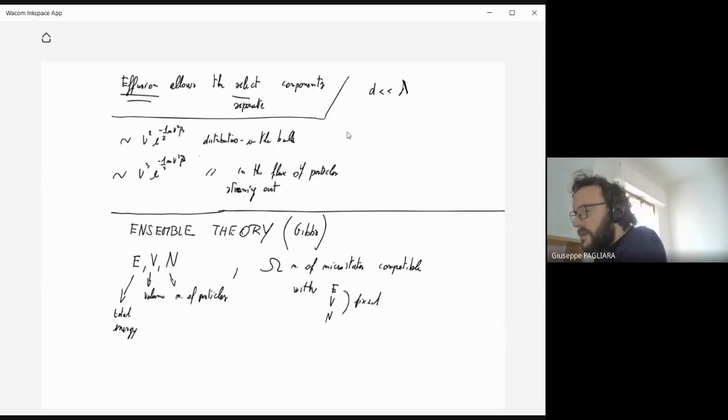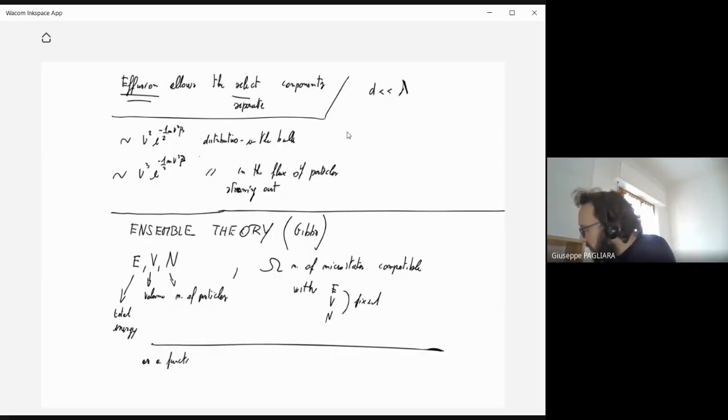Now, our system, if you want, moves along different microstates as a function of time. Okay, so as a function of time, the system, if you want, moves or changes its microstate.